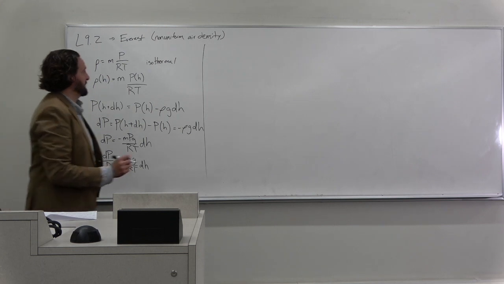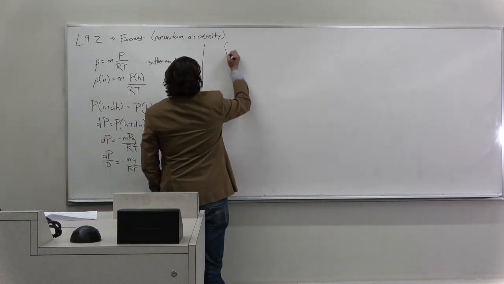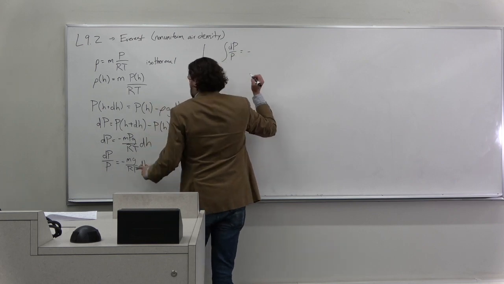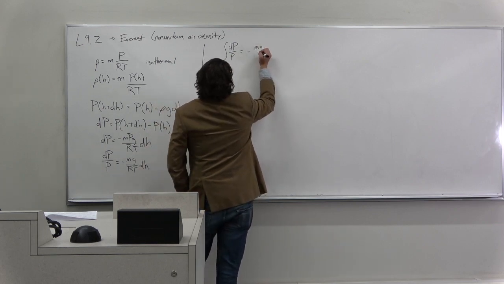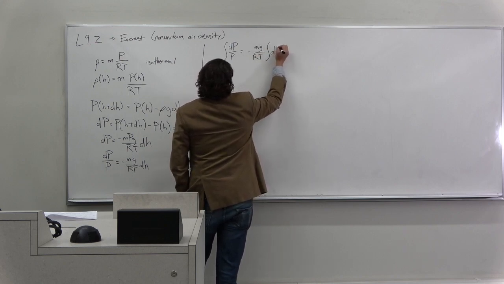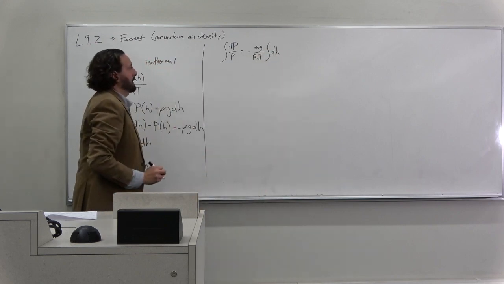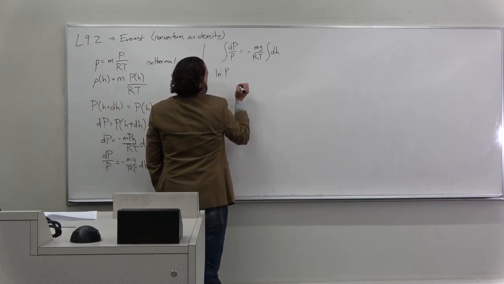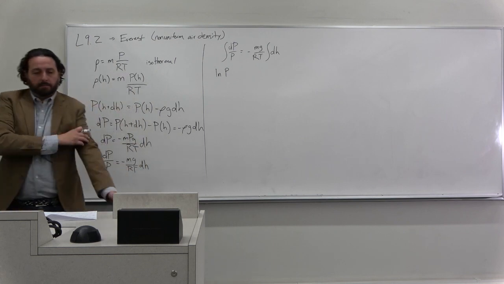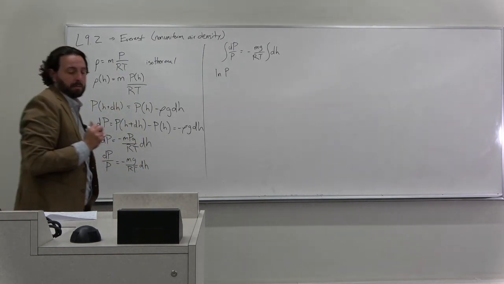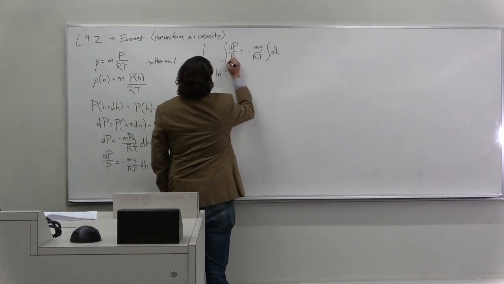So let's integrate both sides: dP over P, and minus mg over RT dH. This is going to be log P. Let's be clear on the limits of integration.